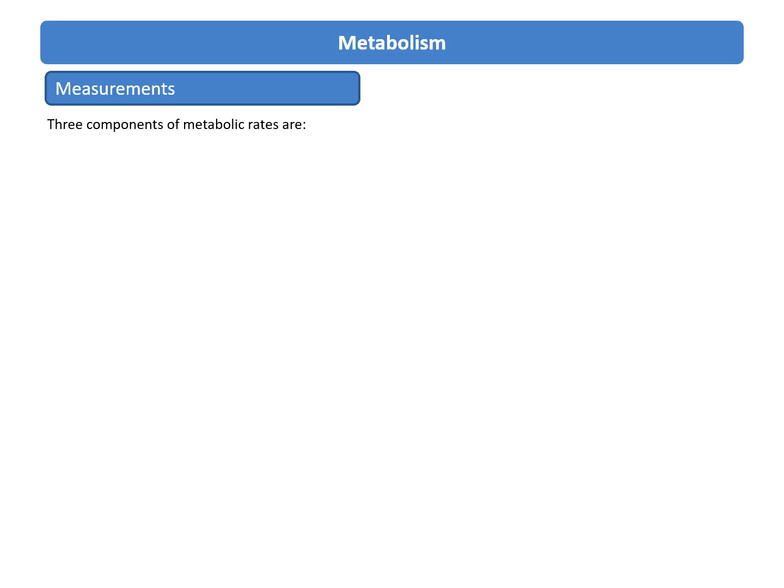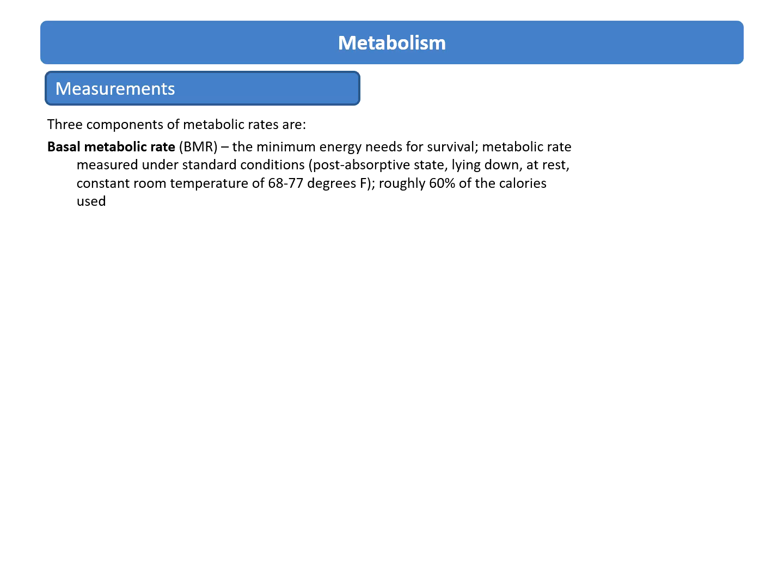3 components of metabolic rates are basal metabolic rate, BMR. This is the minimum energy needed for survival. Metabolic rate is measured under standard conditions, post-absorptive state, you'll hear about that in a moment, lying down at rest, constant room temperature of perhaps 68 to 77 degrees.